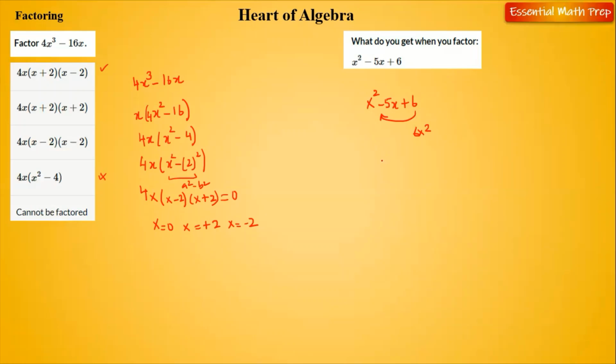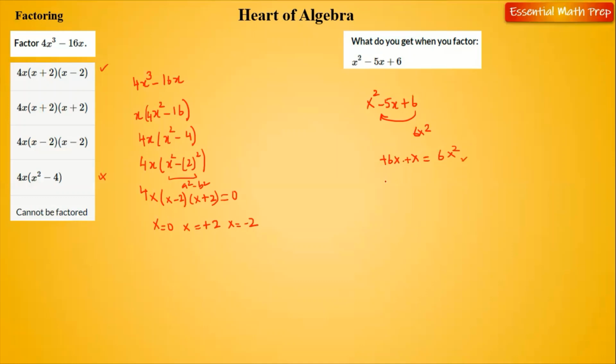So it will be negative 6x times x, or you could do it as plus 6x. Well, here's the problem. If you do it this way, you're going to get 6x squared, but there's no way in the world you're going to get negative 5x. If you put negative 6x to get negative 5x, then you're not going to get the positive 6x squared.